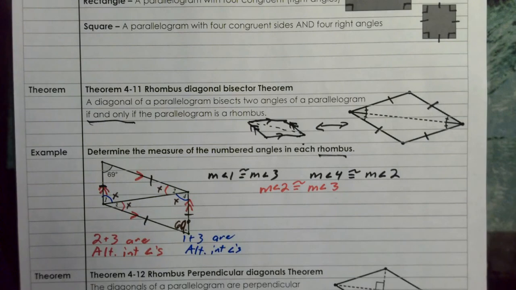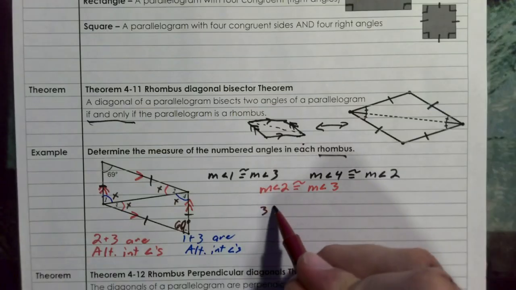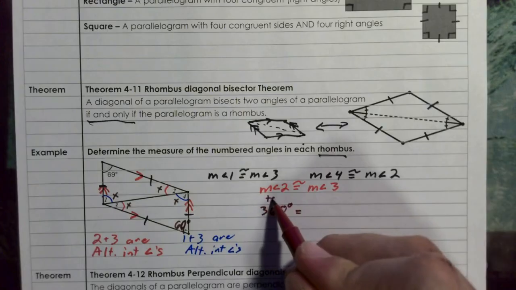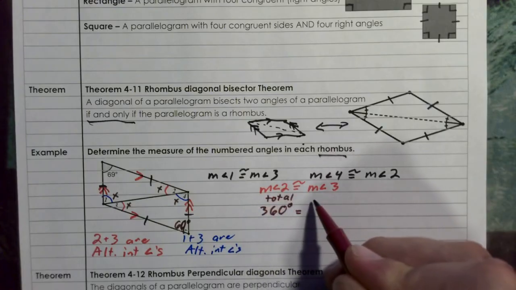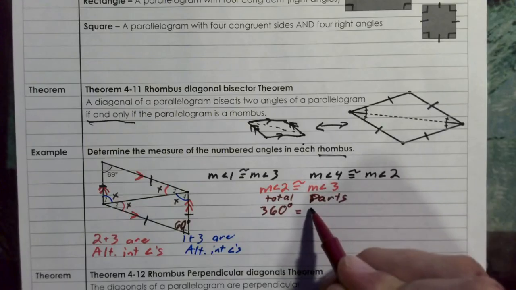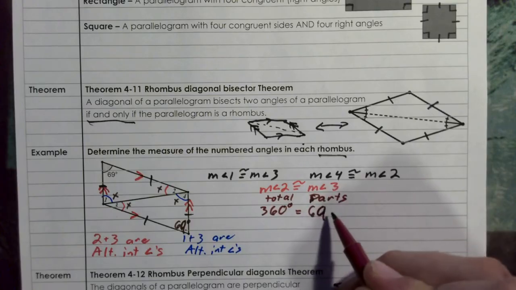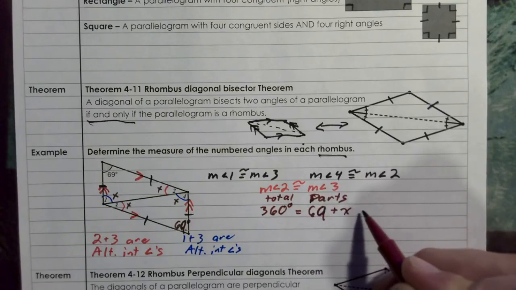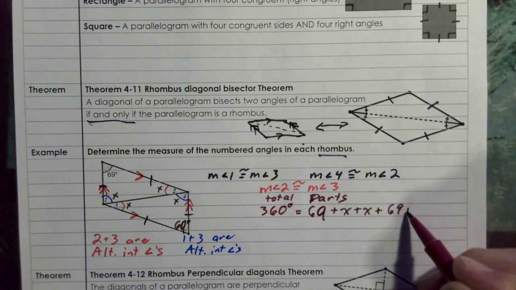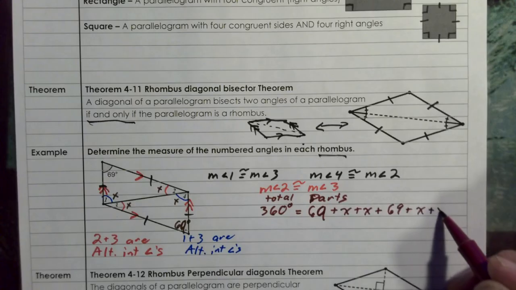Since that thing's a parallelogram, it's a quadrilateral, which has 360 degrees inside of it. We can say 360, our total of our interior angles, has got to equal the sum of our parts. So that's going to be 69 plus x plus x plus 69 plus x plus x.